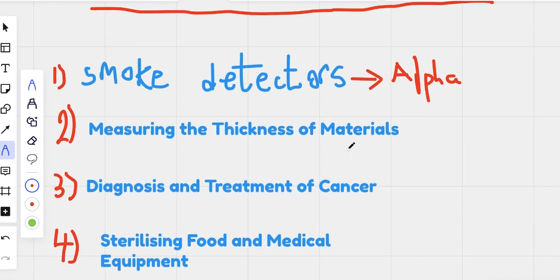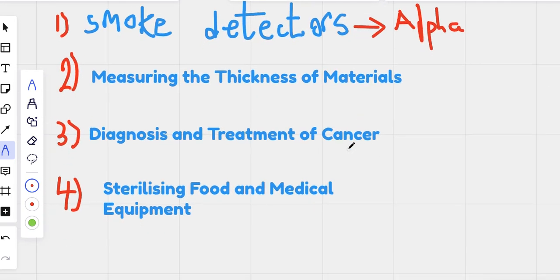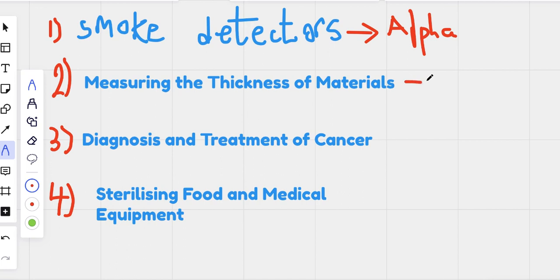Another use of this, we say this one is beta. Remember this. This one is beta particle. So for measuring the thickness, we choose beta particle. For diagnosis and treating of cancer, because the body can stop alpha particles, we don't use alpha.